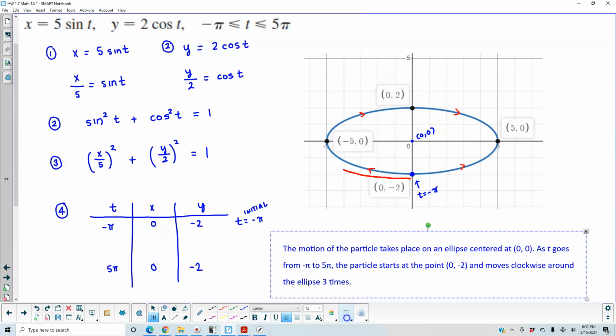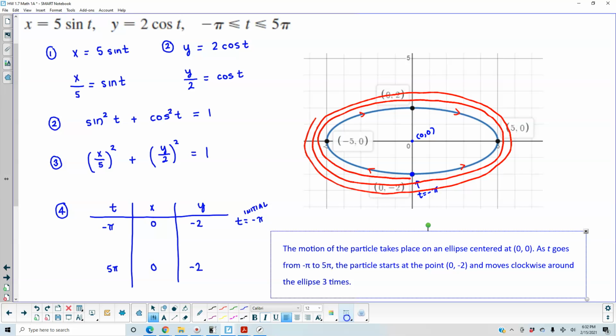So here we have one full rotation, so there's one. And then two. And then 3. And it finishes at 5 pi.